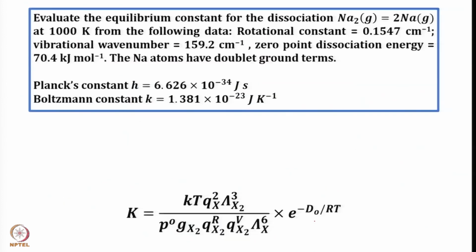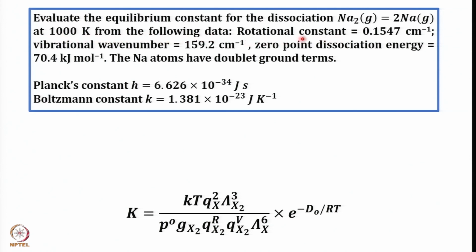Now, let us take an actual example. The question is, evaluate the equilibrium constant for the dissociation of Na2 going to 2Na. This is the reaction which is given to us, the dissociation of disodium at 1000 Kelvin, from the following data.